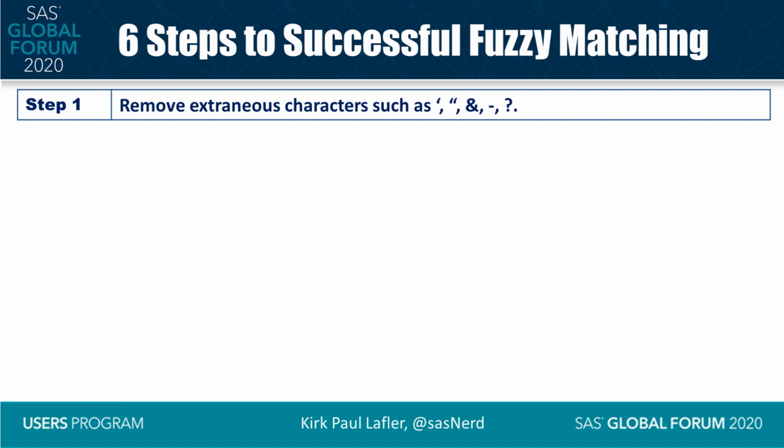Step 1. Remove the extraneous characters, such as single quotes, double quotes, ampersands, dashes, question marks, things of this nature. Anything that really doesn't serve an important purpose. Step 2.